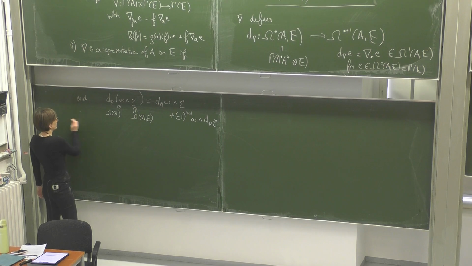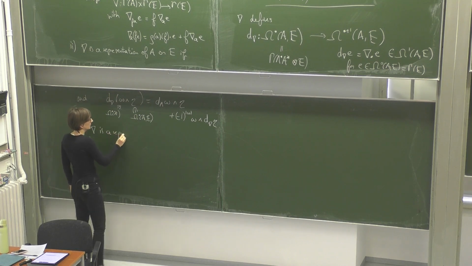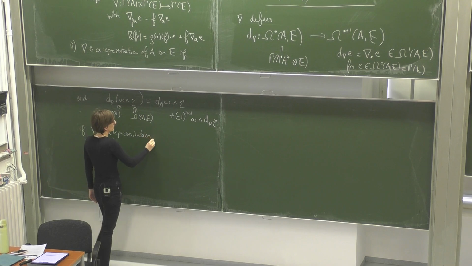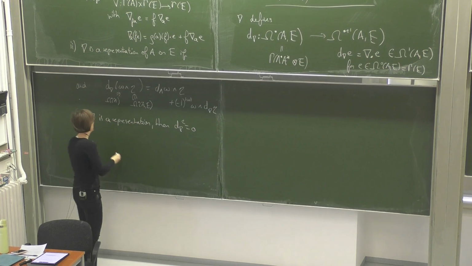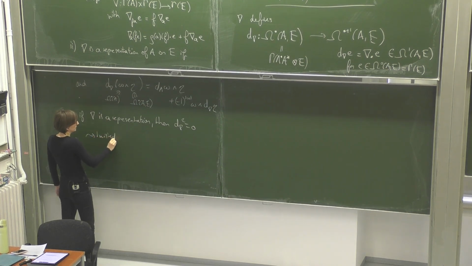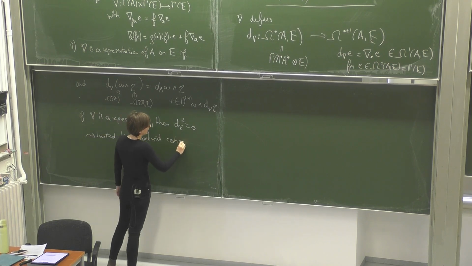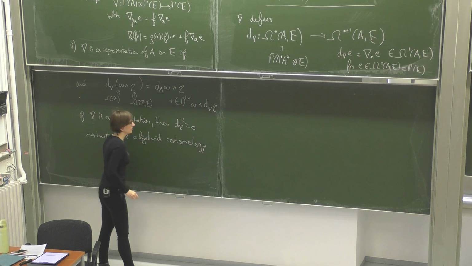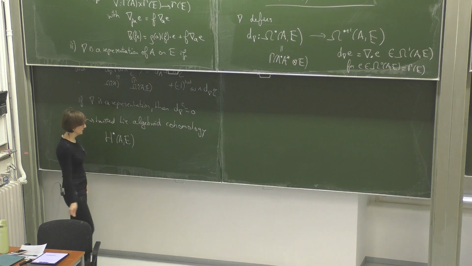Maybe we'll get into those details later, on Thursday. But then you have that if nabla is a representation, then d nabla squared is 0, and then you get the twisted algebroid cohomology, which is then written like this, right?